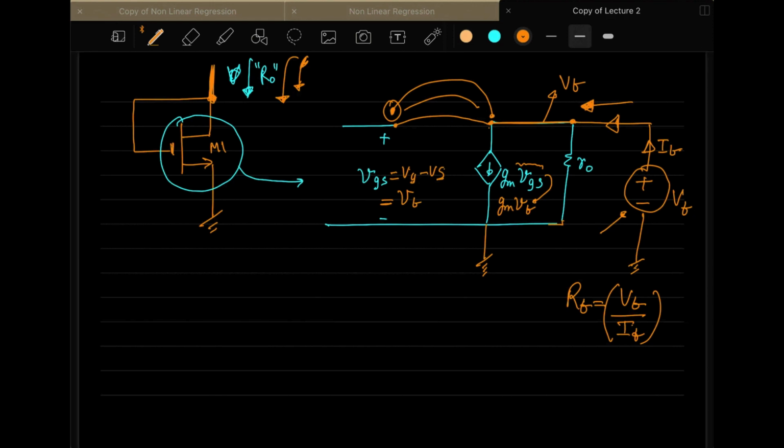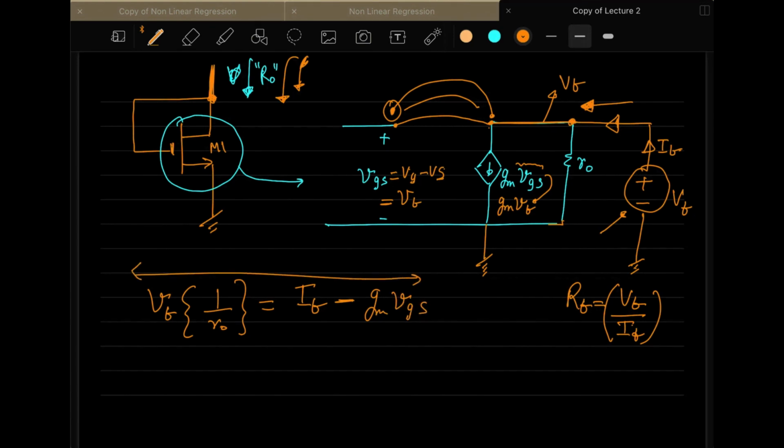Now if I write KCL, KVL or nodal analysis, whichever way you do it, it will be like this: VT divided by RO equals IT minus GM VGS. I am applying KCL at this point.